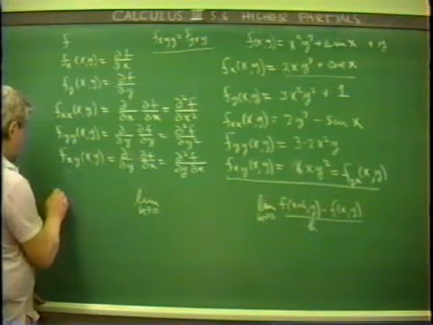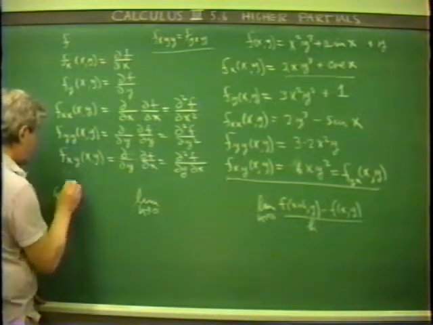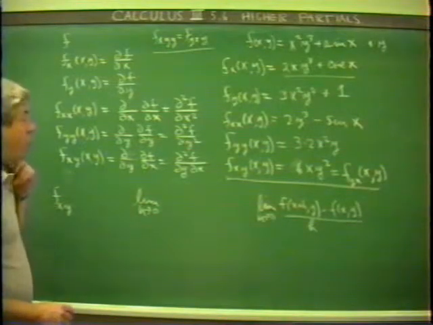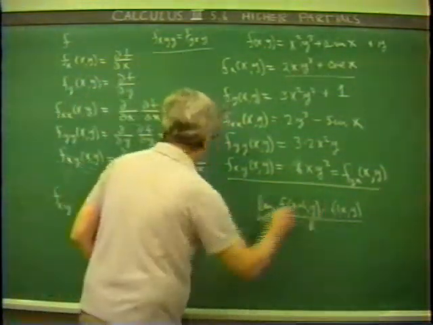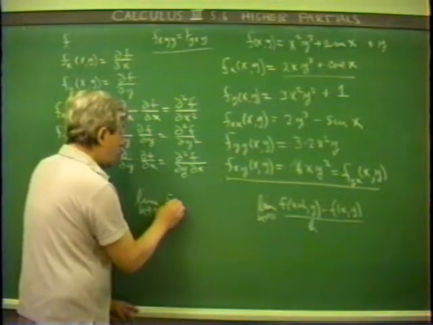Now suppose we wanted to take the partial of that with respect to x, and now we want to take the partial of it with respect to y. Well, we should do this at y plus k then.